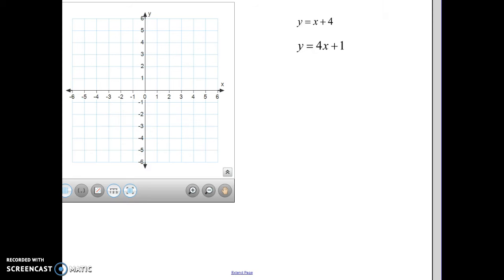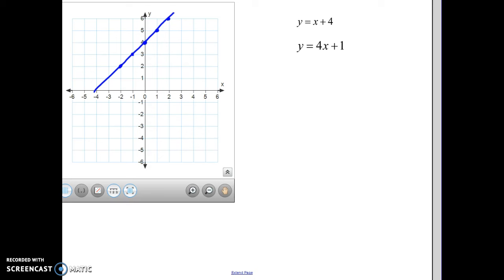For our next example, our first equation is y equals x plus 4. My y-intercept is +4. My slope is +1, so I'm going to rise 1 and run 1. I'm probably going to put a couple of extra points going backwards as well, just to help me have a nice straight line.